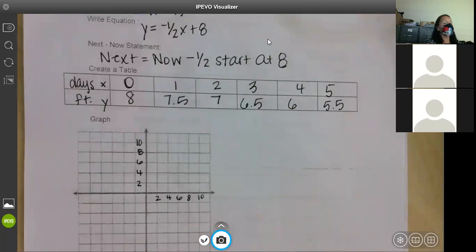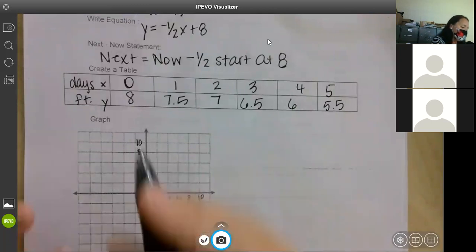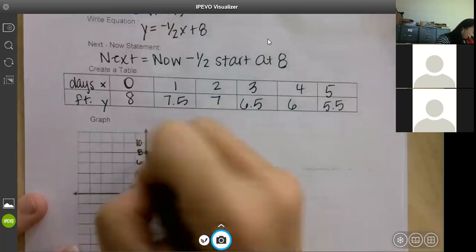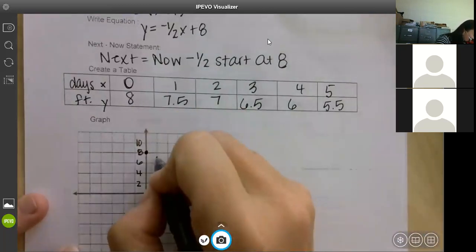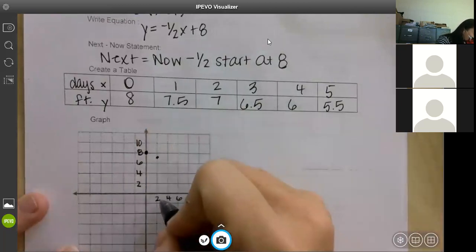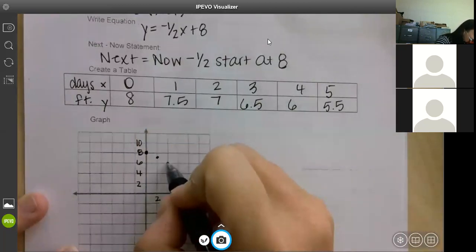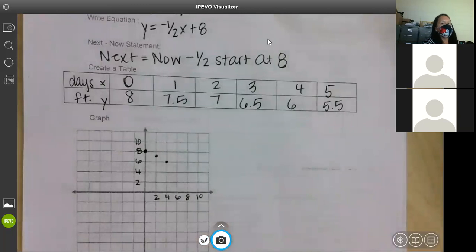The reason I did it by 2s is because every 2 on the x-axis is your whole number. So I didn't want you to have to plot half points, but you can, it's fine. All right, so 0, 8 was your first one. Then we had 2, 7, 4, 6. So if 2 is 7 and 4 is 6, what will 6 be?